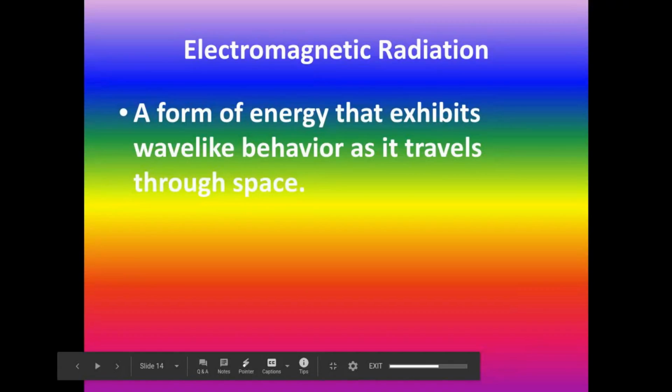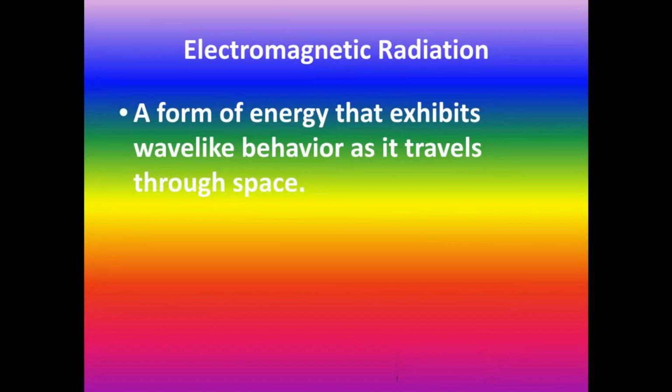When we look at what is called electromagnetic radiation, a lot of times people think of radiation as something that is harmful, and sometimes that is true, but it doesn't always have to be the case. Electromagnetic radiation is all the forms of light that are visible and non-visible.